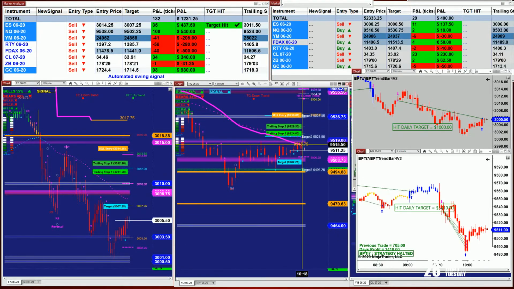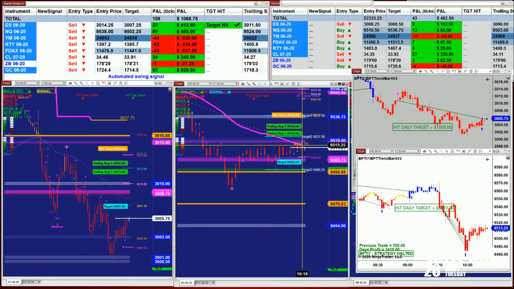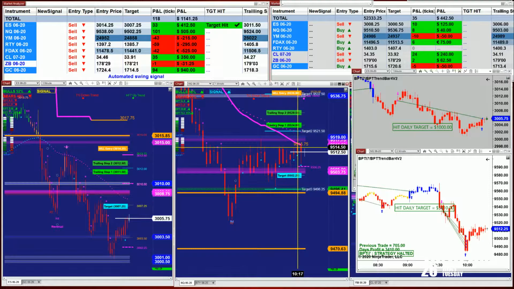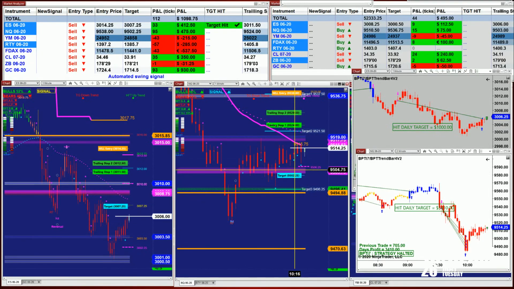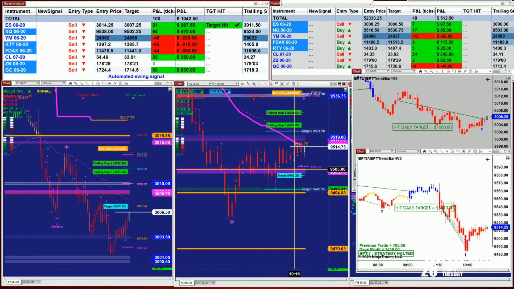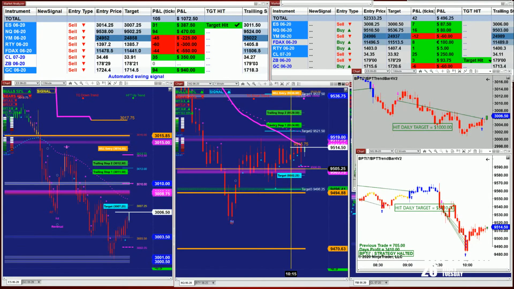We have a re-entry. This number here, those that have been following us every single day know this is a re-entry. We have a re-entry at 95.15.75, but it's not going to go anywhere. Why? Because you have a heavy support area at 95.05.